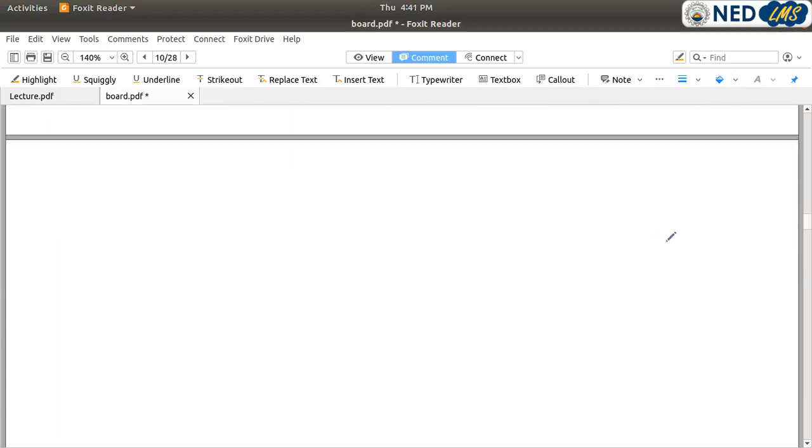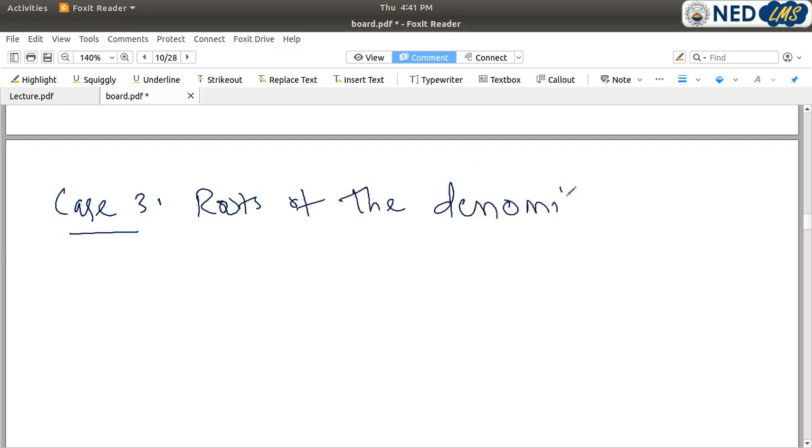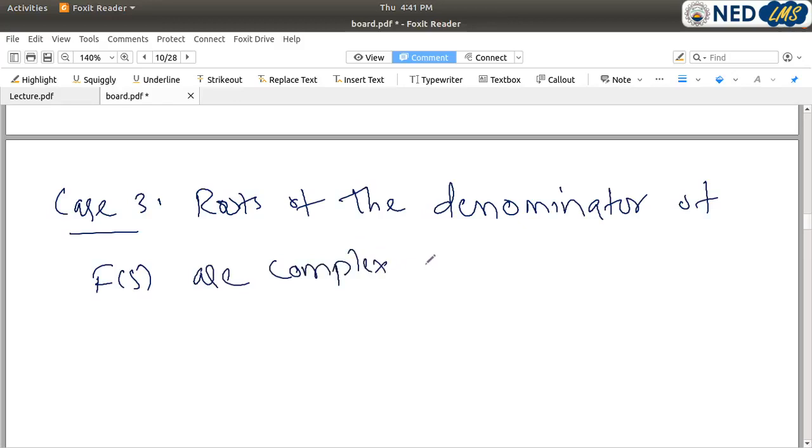Now let's move towards case 3, which is roots of the denominator of f of s are complex or imaginary.